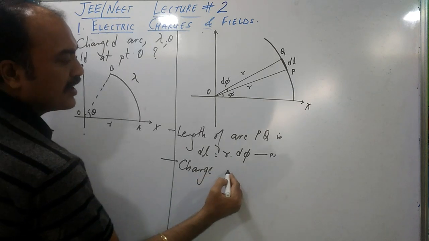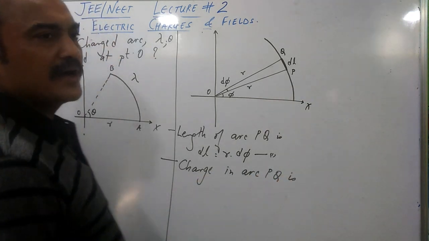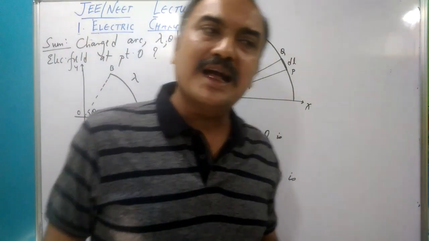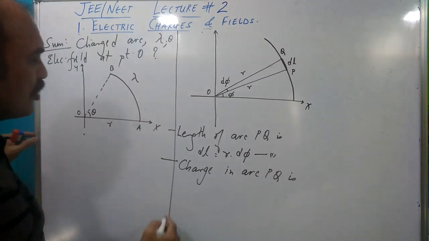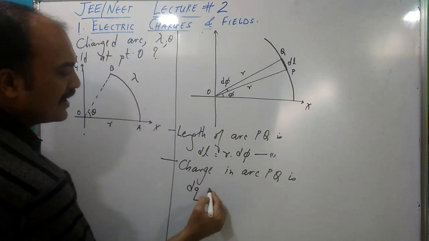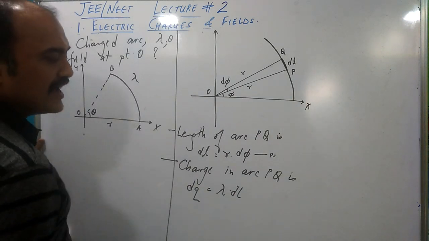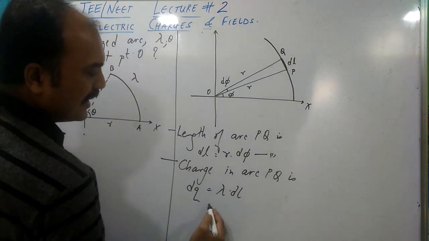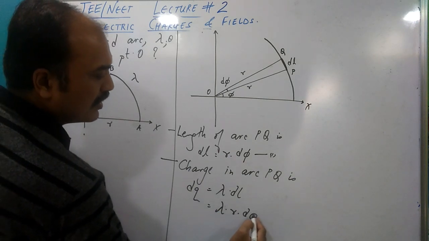Charge in the arc PQ: if 1 meter has lambda coulomb, then dl meter has how many coulomb? Lambda dl, as good as it gets. So lambda dl is the charge contained, and how much is dl? R d phi. So lambda r d phi.